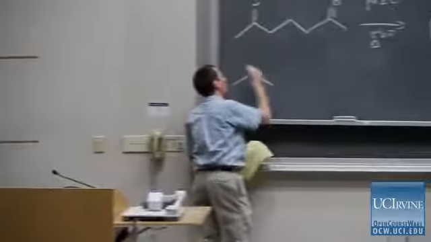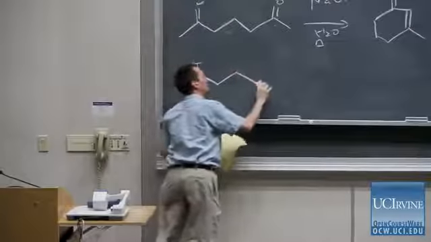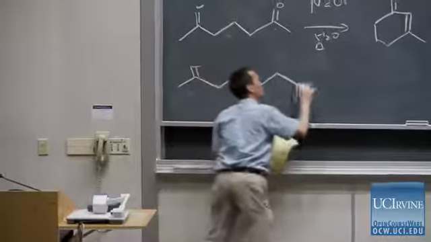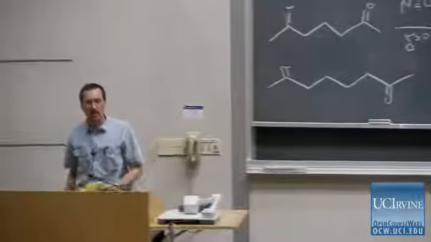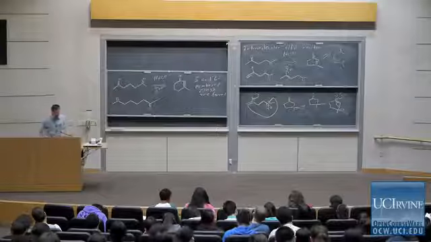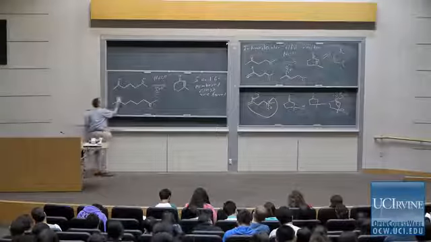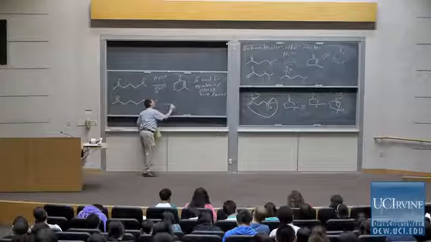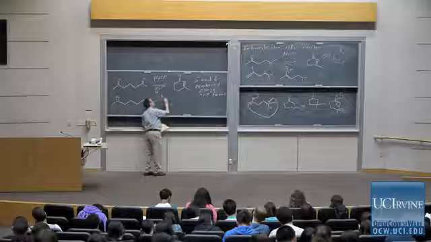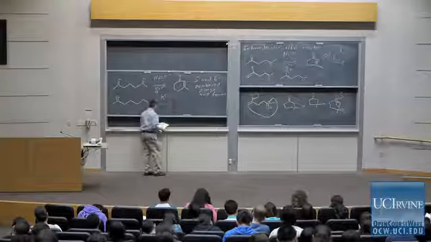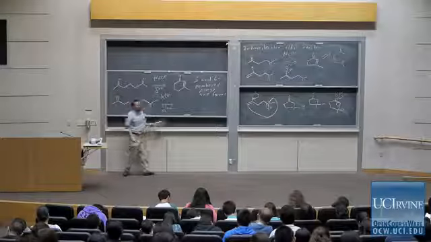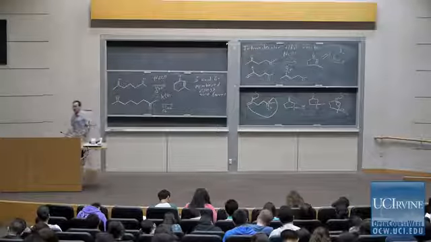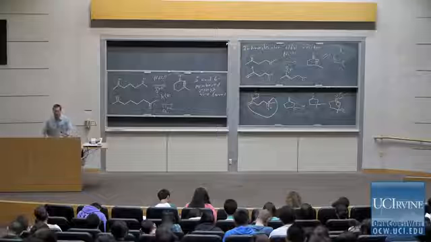Try one more example here. So now we've done a 6-carbon chain, a 7-carbon chain. Let's take an 8-carbon chain. These are real examples taken from real experiments that have been published. This particular example just used potassium hydroxide in water instead of sodium hydroxide in water. No particular difference.